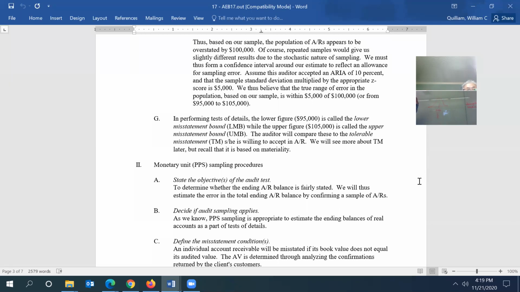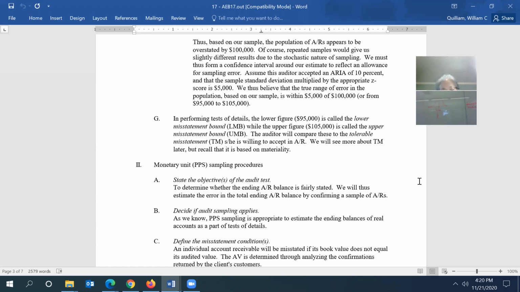But if we were able to examine the entire population of accounts receivable, do you think that the amount of overstatement would be exactly 100,000? No. If it is, we better go over to the Stop and Shop or Stop and Go or whatever it's called across the library, which is where Judy Hilscher used to go to buy her lottery tickets. We might get lucky, luckier than she did because she's in prison.